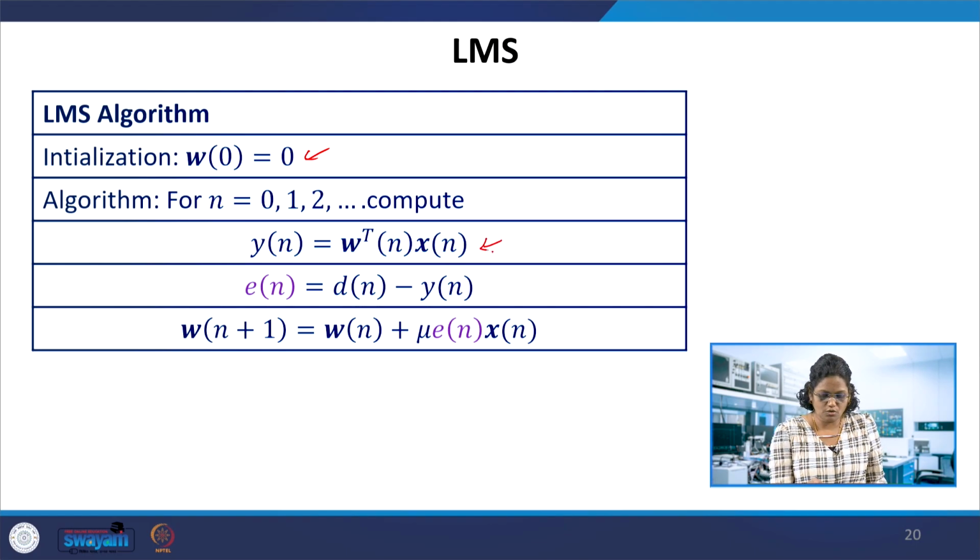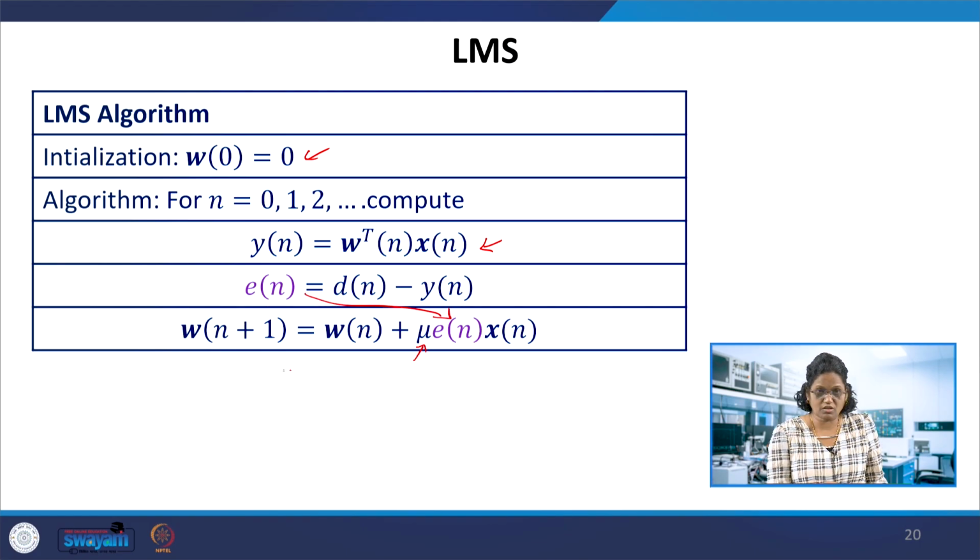So the y of n is known, W transpose x of n, we fix the weights initially at 0 and compute E of n for every n value. The desired D is known, and y of n we compute from here, subtract them, get the error, and put that in the update equation.